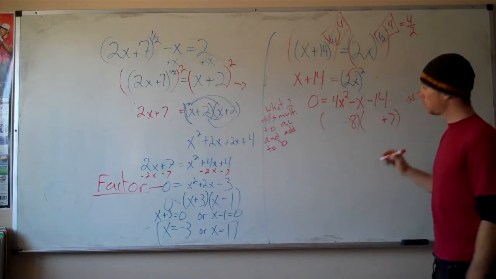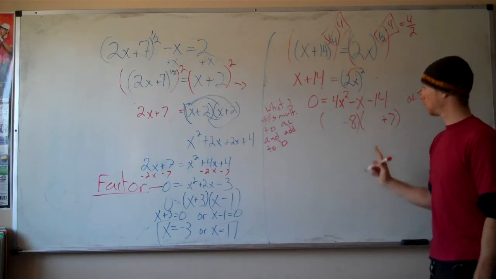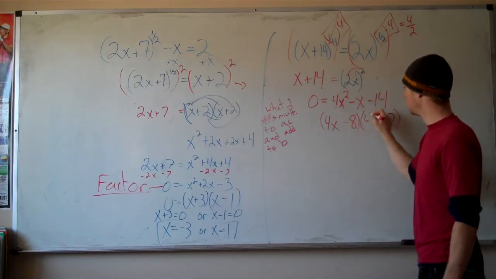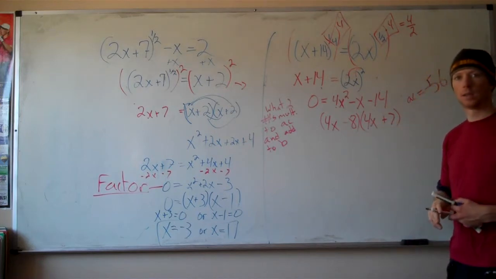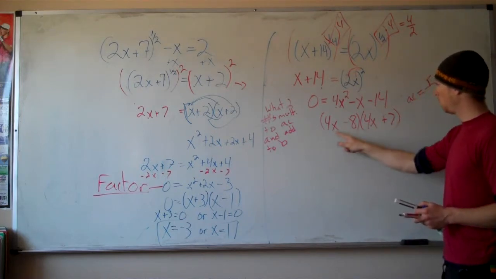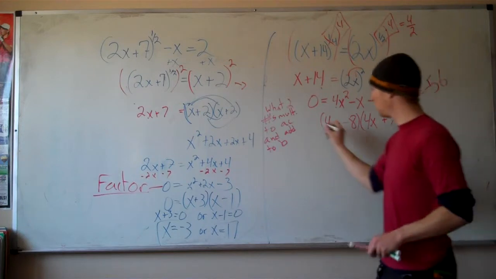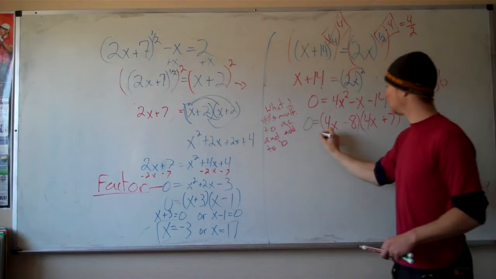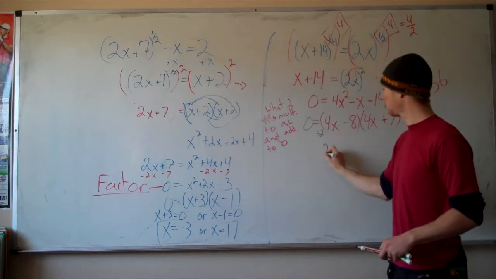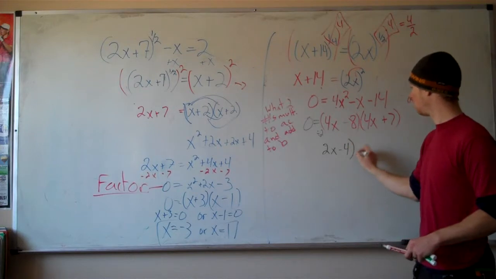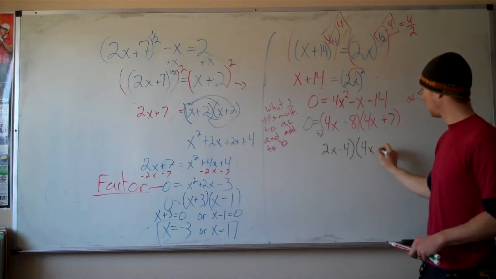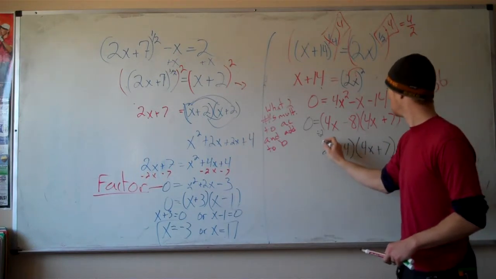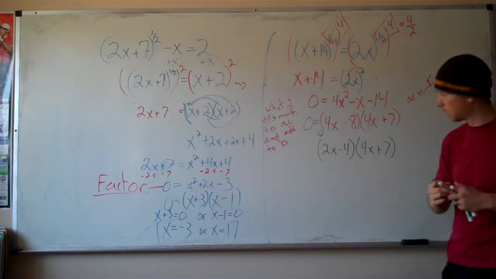Now, we're going to use what's called the Berry method to factor this, which means that we don't put 2x and 2x, we put 4x and 4x. Now we look at both of these and we decide what one can be factored. Well, this can be divided by 2. That's going to give me 2x minus 4 times 4x plus 7.